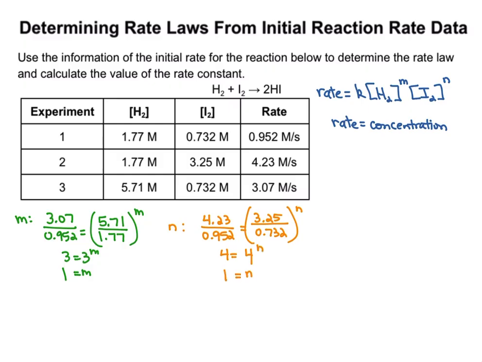Now that I solved for my m and my n, I can go ahead and give a proper rate equation. So rate equals K times the concentration of H2 raised to the power of 1 times I2 raised to the power of 1. Now it's asking for us to solve for K. So I have the rate law.